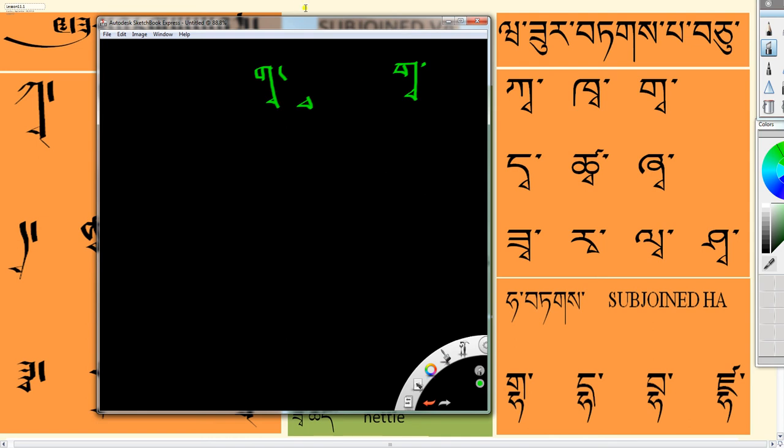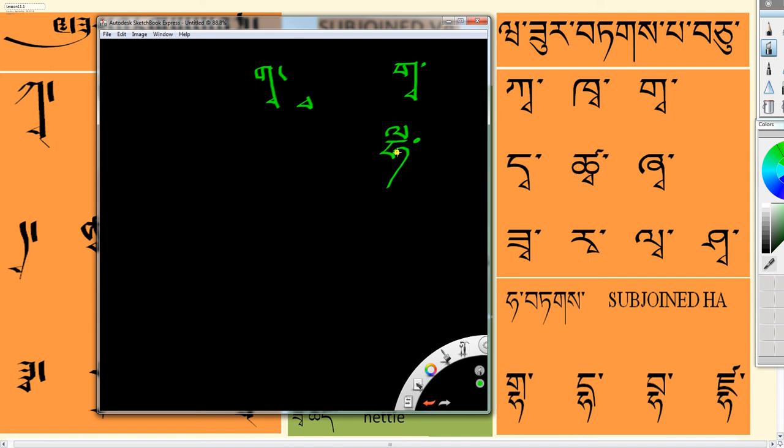So if I have this as an example, lahapta ha. In this example, ha is the base letter. So this is not a subjoined letter.